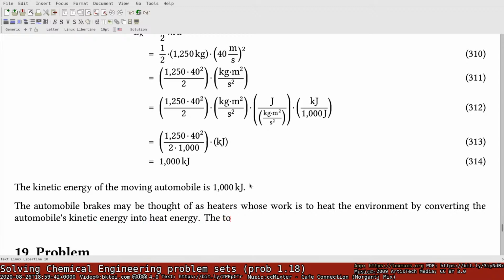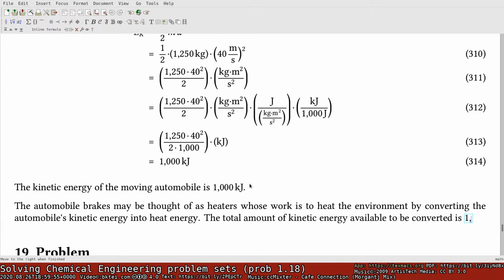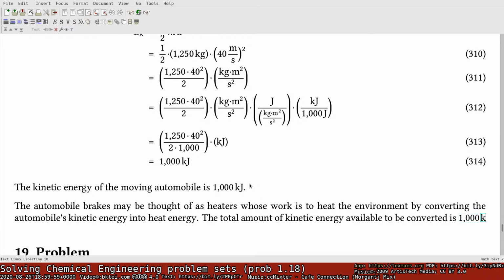The total amount of kinetic energy available to be converted is 1,000 kilojoules.